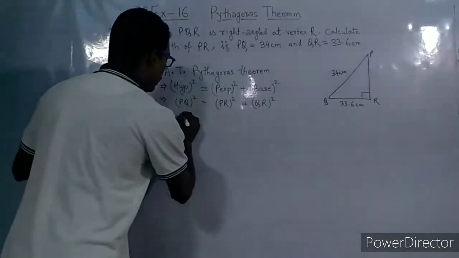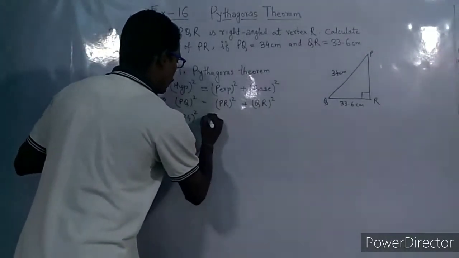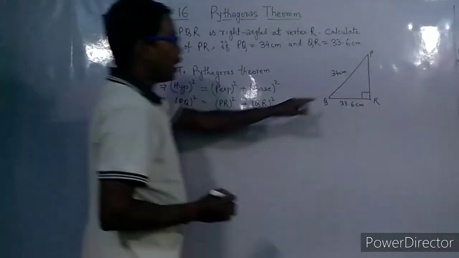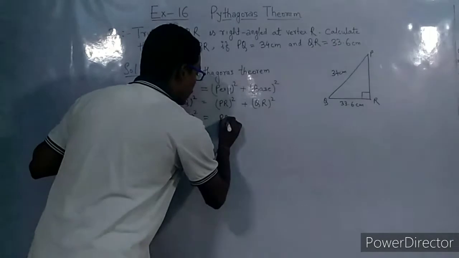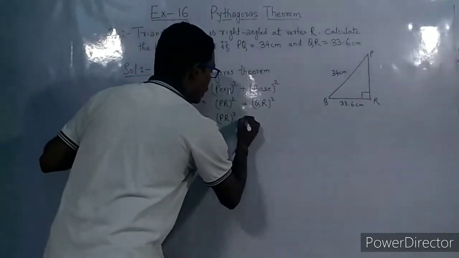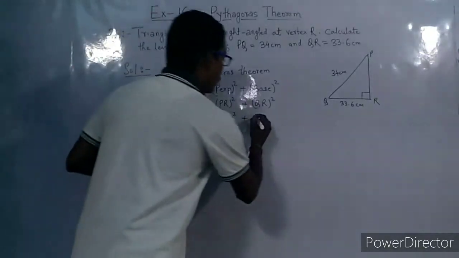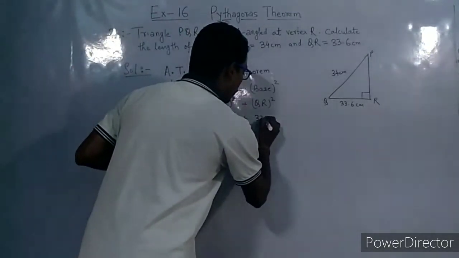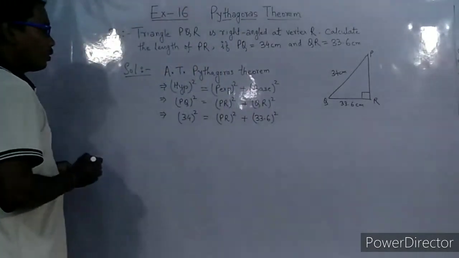PQ is 34 square equal to PR square, as PR is not given, plus QR is 33.6 square.